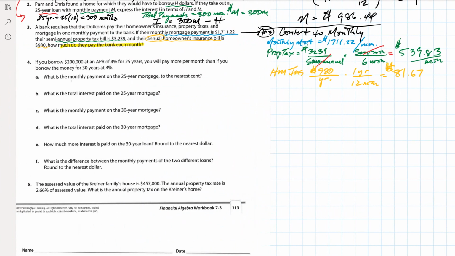Notice that I'm converting everything to monthly. I've got the mortgage monthly, the property tax monthly, and the homeowners insurance monthly. Now I need to figure out the total amount monthly, and I simply add them up. How much do they pay each month? So the total monthly is $1,711.22 plus $539.83 plus $81.67.